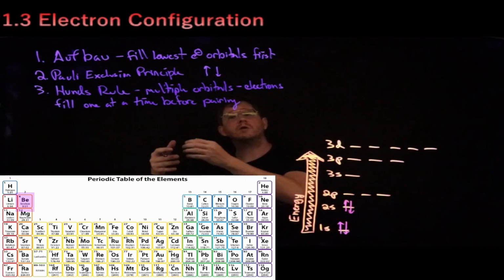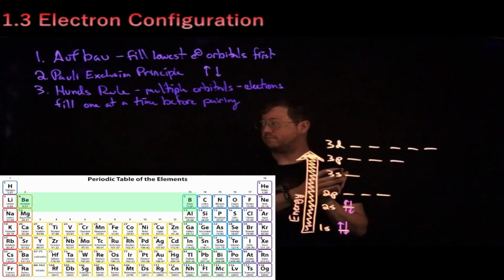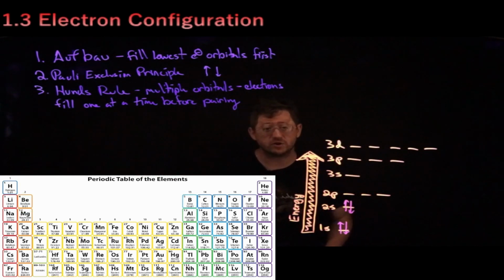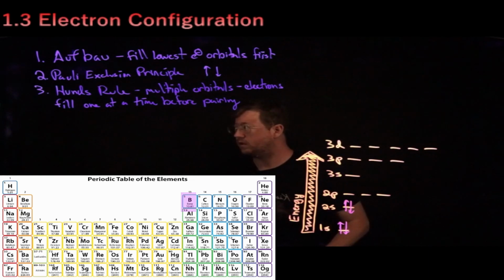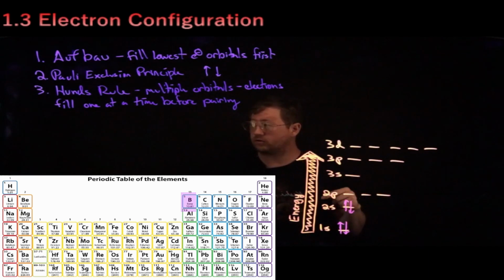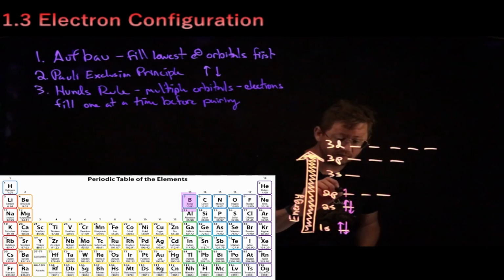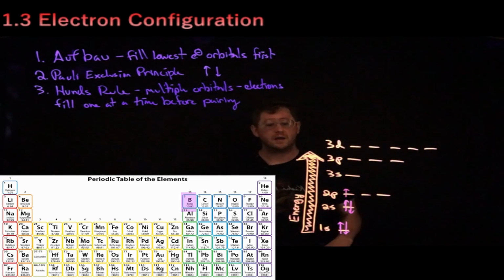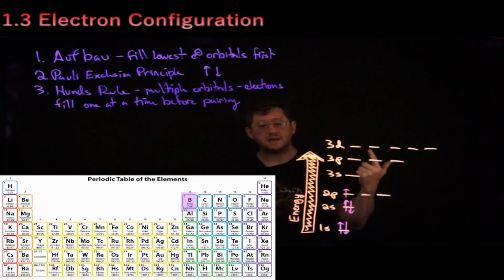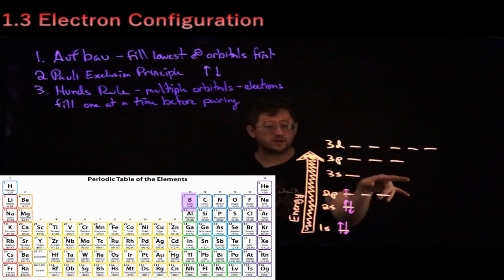Now we're going to jump across that big gap of the transition metals in yellow on the periodic table. The next atom we're going to fill in is boron. Boron is going to have a single electron in one of the 2p orbitals.